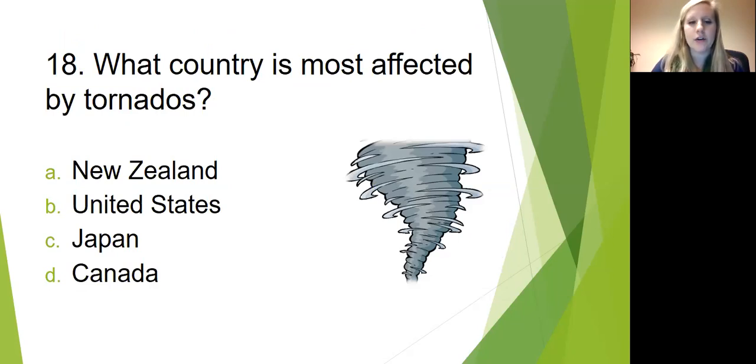Question 18. What country is most affected by tornadoes? Is it A, New Zealand, B, the United States, C, Japan, or D, Canada?